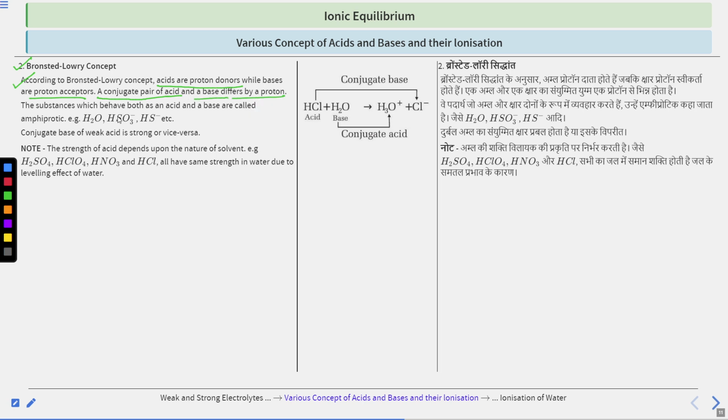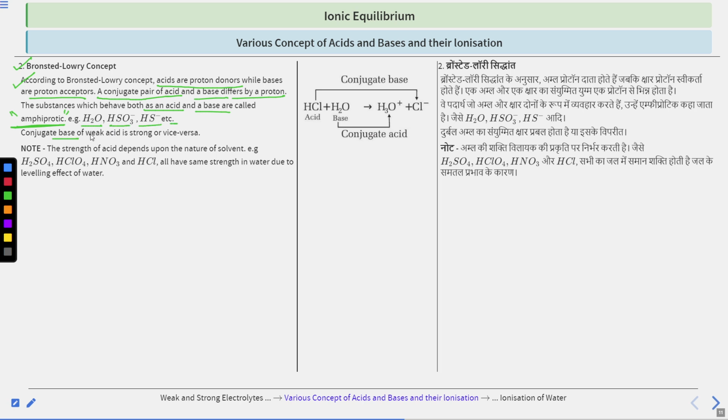The substances which behave both as an acid and a base are called amphiprotic. Okay, so this is a term here, amphiprotic, which is used for the substances which behave both as an acid and as a base. For example, H2O, HSO3 minus, HS minus, etc.